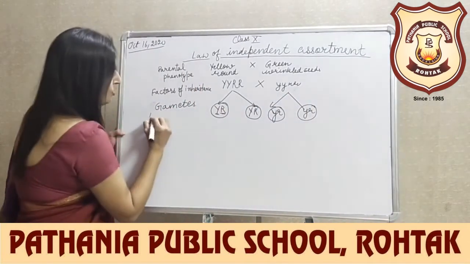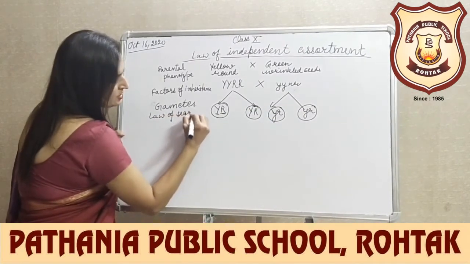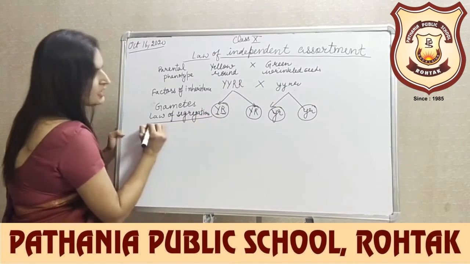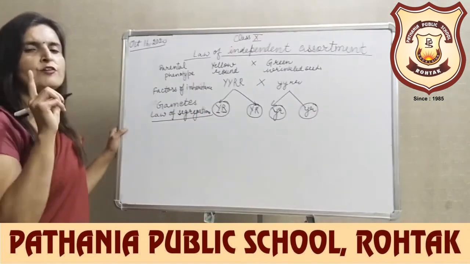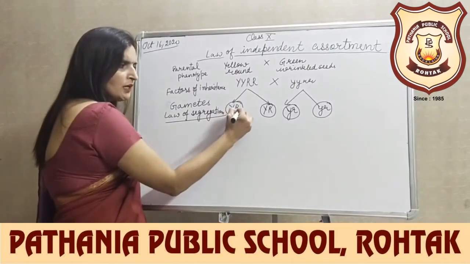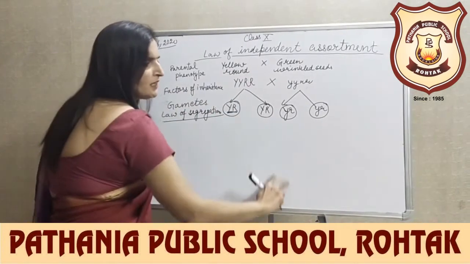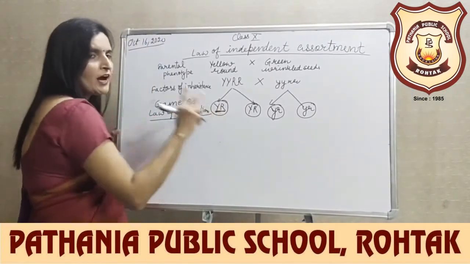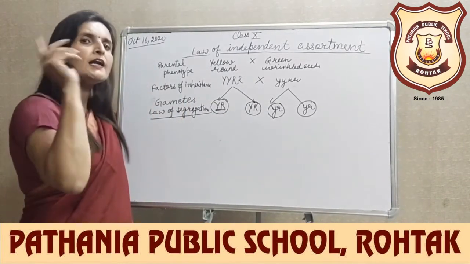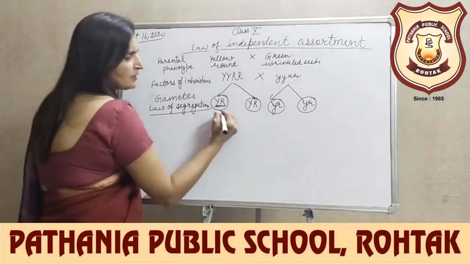This is the law of segregation. Here he also explained the law of independent assortment: during the inheritance of two pairs simultaneously, the factors for each character are independently assorted into the gametes.